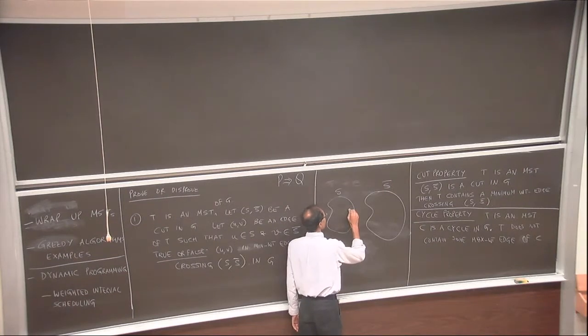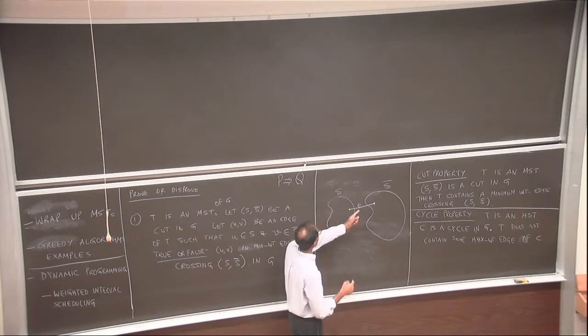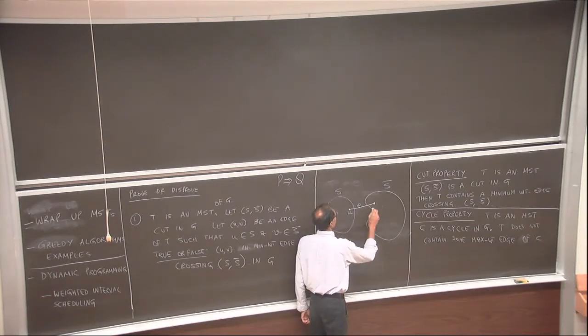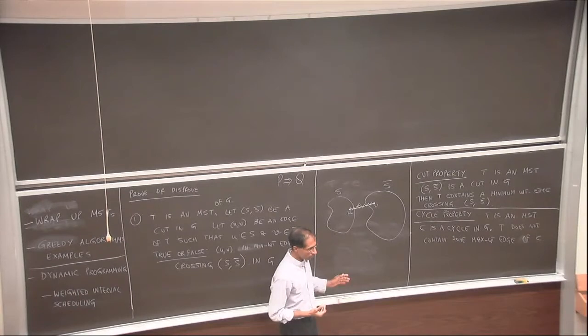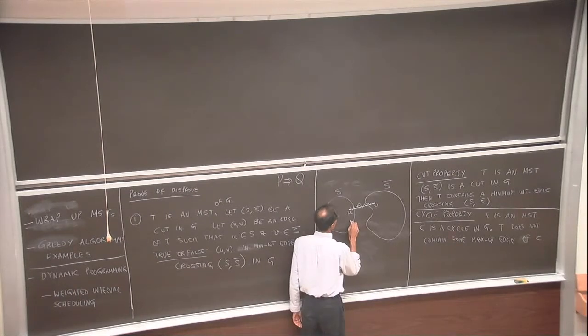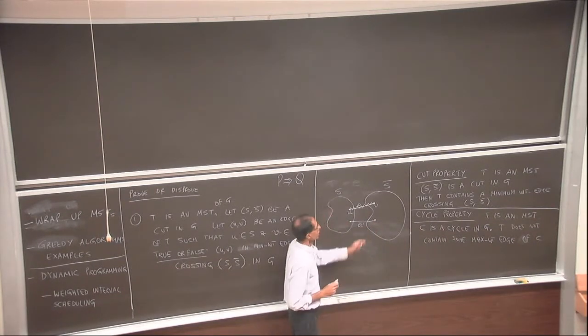This is an edge E, that is, E is the same as UV. It's part of the tree. It is not the minimum weight edge. There is some other edge E prime that is crossing the cut, whose weight is less than the weight of E.